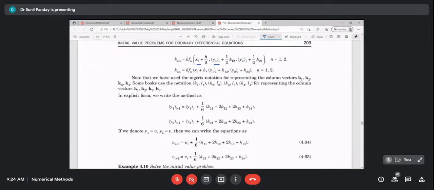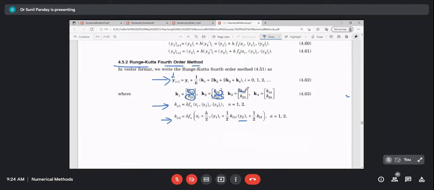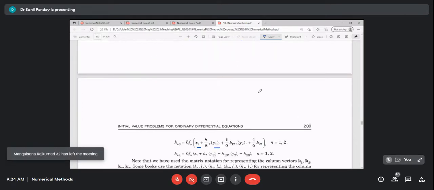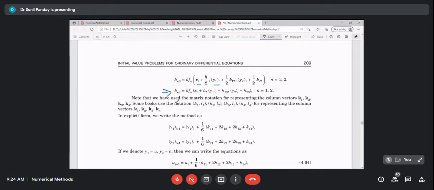And then kn4 is h of f(xi plus h, y1i plus k13, y2i plus k23). We use these values 13 and 23 to get k4. From these we get this one, and from this we get this one, and now from this we get k4 using this formula.